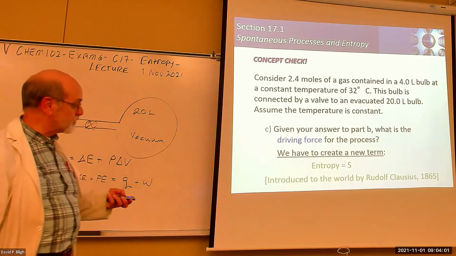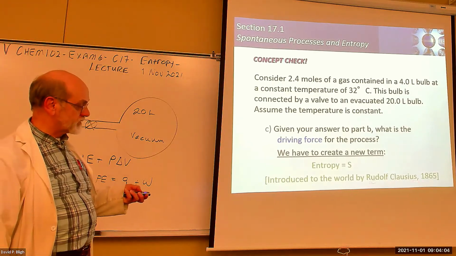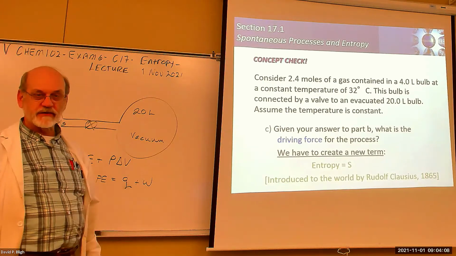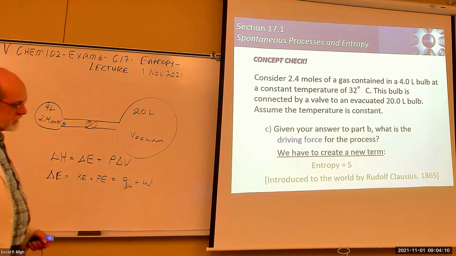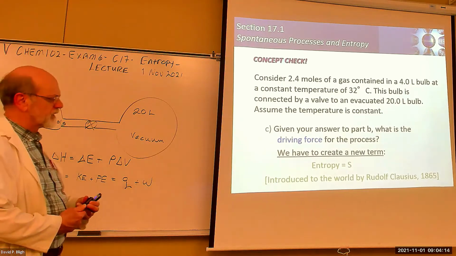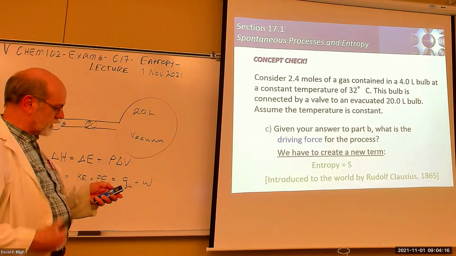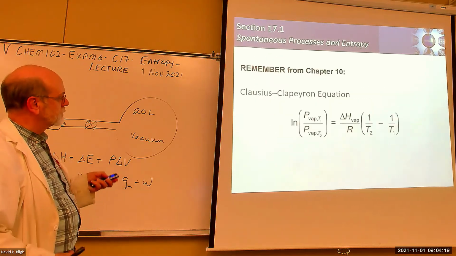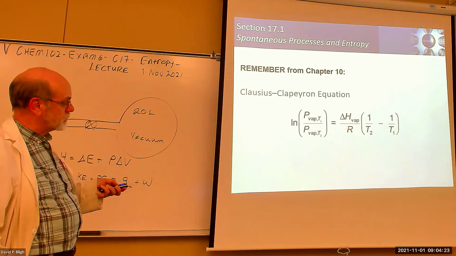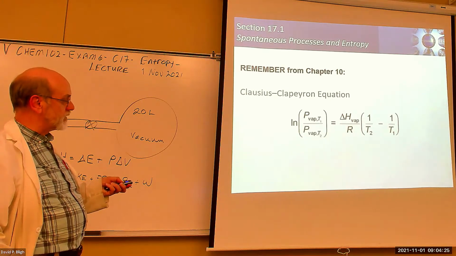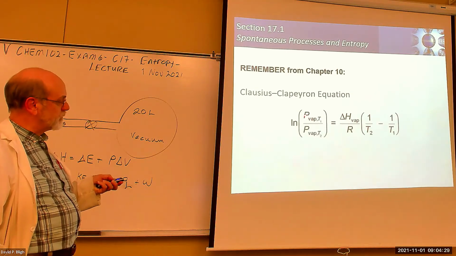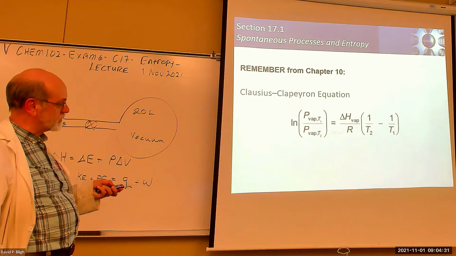It was proposed by this fellow right here, Rudolf Clausius, about the time of the Civil War. Of course, he wasn't in this country at the time. I think he's maybe German. You remember Clausius from chapter 10, our very first chapter, where we were able to calculate the enthalpy of vaporization if we know the vapor pressure at this temperature and the vapor pressure at that temperature.